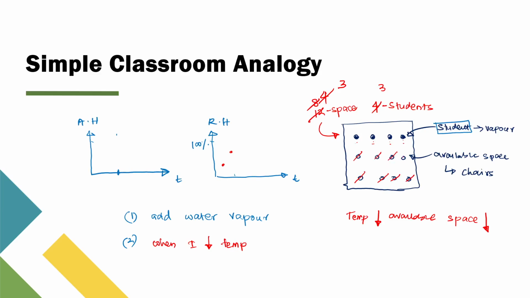When I remove this set of chairs, now RH becomes 100%. If I remove more, it will still remain at 100%, because 3 available, 3 students, 2 available, 2 students, 1 available, 1 student. So you understand that when RH has become 100%, it will not change.